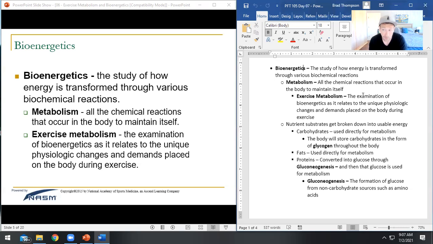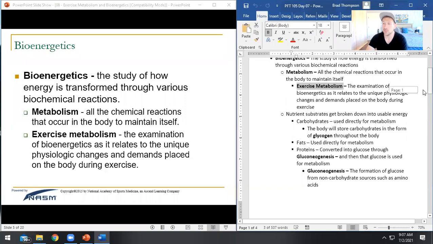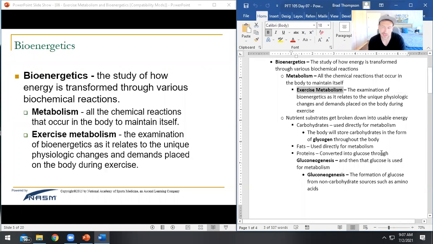But there is a special term that we are going to use, which is exercise metabolism. And exercise metabolism is probably the one that most people actually think about when they think of metabolism. If you ask most people what their metabolism is, they say it's about how many calories you burn every day, right? It's a pretty common answer. That's a little bit closer to what exercise metabolism is.